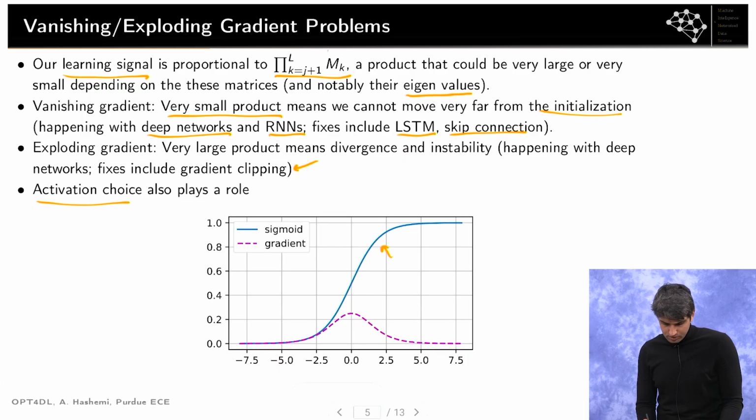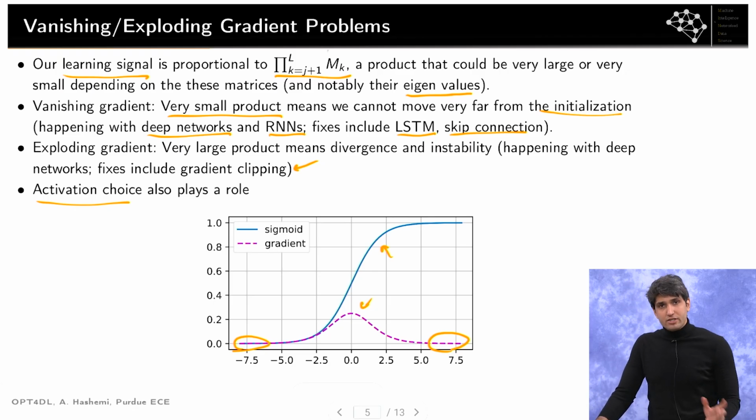So here's the sigmoid function, and here's the gradient of the sigmoid function. As we can see here, the gradient for moderately large or moderately small numbers is super low. It's basically 0. So if I'm initializing the model here, or somewhere in the training my weights enter these regions, the gradient is going to be potentially very small. So I'm going to suffer from the vanishing gradient problem.